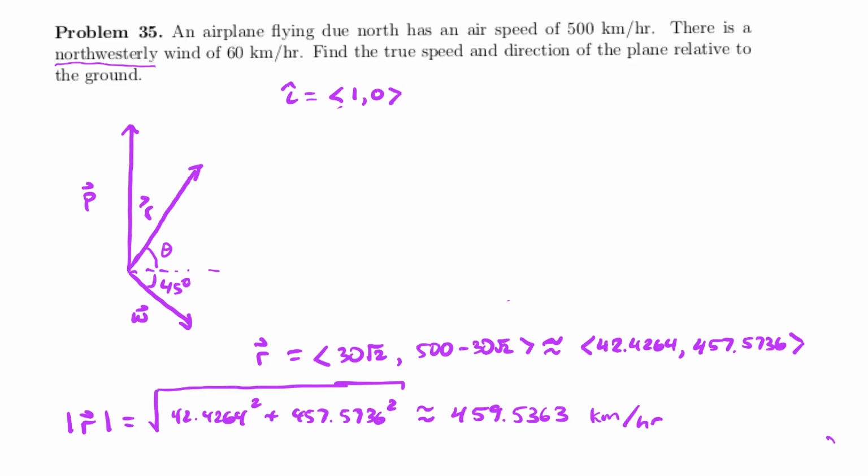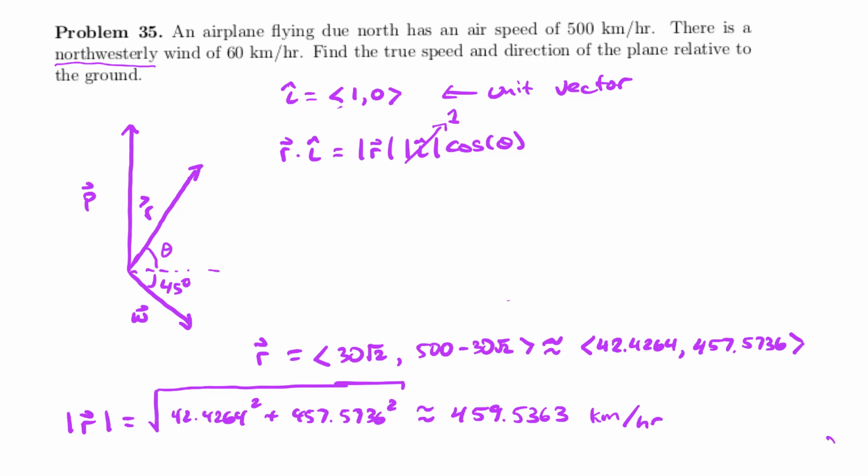So by our dot product formula, we have the resultant dotted with our vector i is going to be the length of our resultant times the length of our vector i times the cosine of the angle between them. And so what this really amounts to, because our i is a unit vector, meaning that it has length 1, we know automatically that this is just going to be 1.